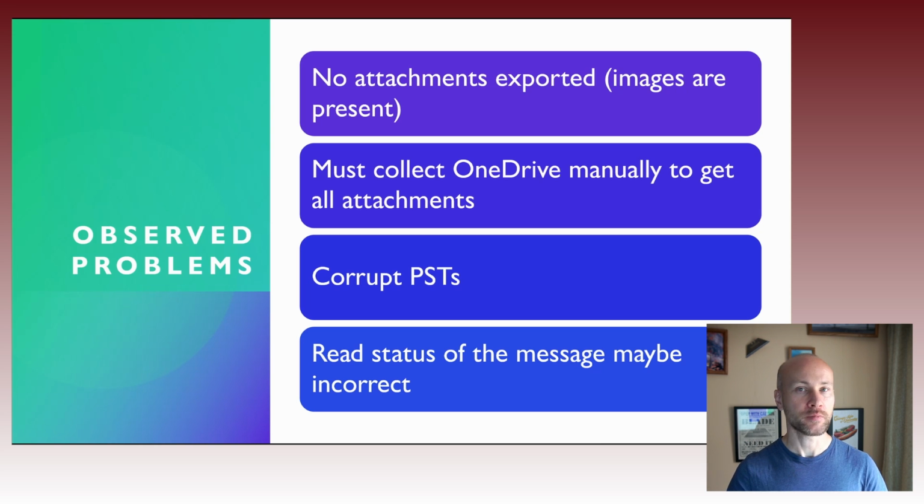I've seen corrupt PSTs again, and I've seen a red status of a message being incorrect. I've collected my own data. I know I've read all the messages. They're marked as read on my Teams or in my chat. However, in a PST, it shows up as I have a number of messages that I haven't read. So that's sort of a red flag, but that's what it does.